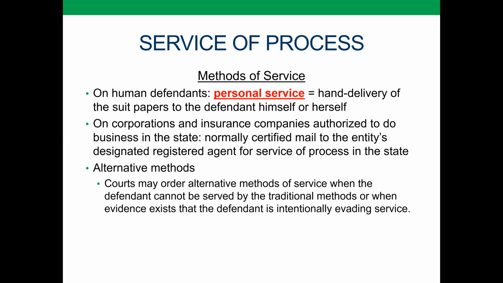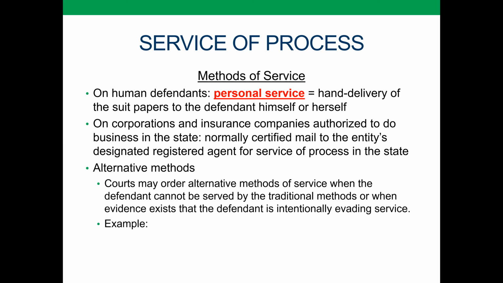And the court will be pretty likely to allow this alternative method if there is evidence that the defendant is intentionally attempting to evade, that is, avoid being served with suit papers, such as if the process server goes up to the door of the defendant's residence, the defendant peeks out the front window and then slams the curtains or blinds and refuses to answer the door, that kind of thing.